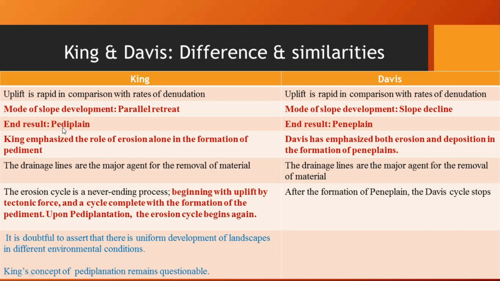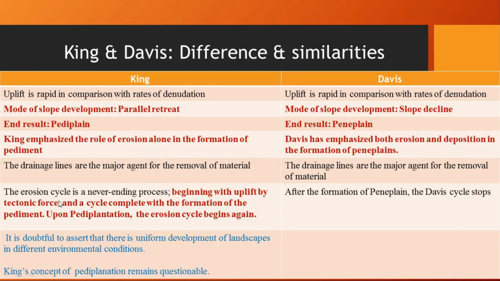The end result for Davis is the peneplain, but according to King, it is the pediplain with monadnocks, that is, with the help of inselbergs. King emphasized the role of erosion alone in the formation of pediments, but according to Davis, both erosion and deposition are a must for the formation of peneplains. Both believed that the drainage lines are the major agent for the removal of material.